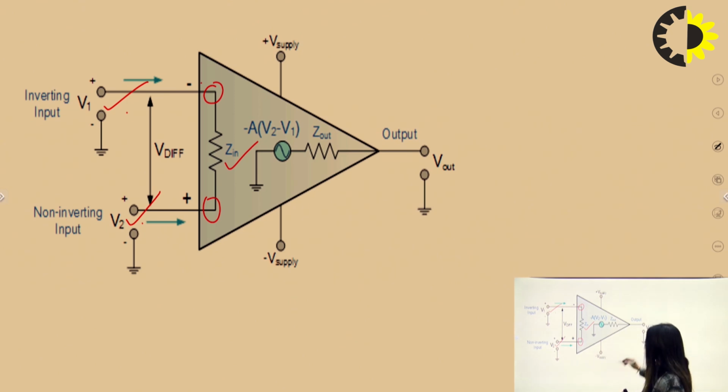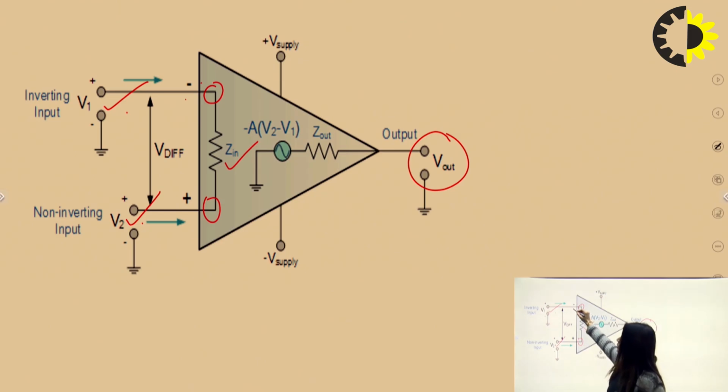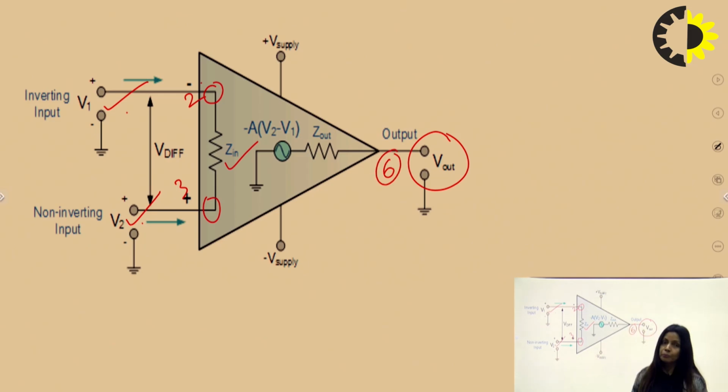Similarly, at the output, this is pin number 2, this is pin number 3 of the 741 IC, and the output is taken from pin number 6 of the 741 integrated chip of the Opamp. This is the output impedance of the Opamp, mentioned in the equivalent circuit.